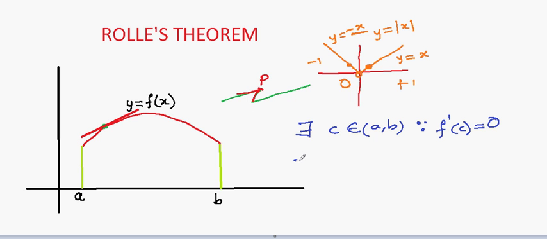that is the third condition, including that is if f of A is equal to f of B, then one more condition is there, f of A should be equal to f of B. That is three conditions.